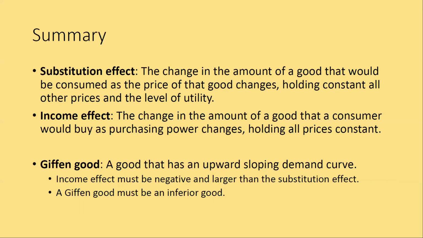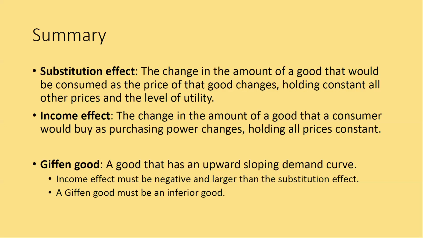And this income effect is holding the prices constant. So we are moving from the imaginary budget line we drew previously to the final budget line. Those two budget lines are parallel. They have the same price ratio. It's only a change in the purchasing power. So I hope after drawing those graphs, you are feeling more comfortable and have a more straightforward understanding of those two definitions.